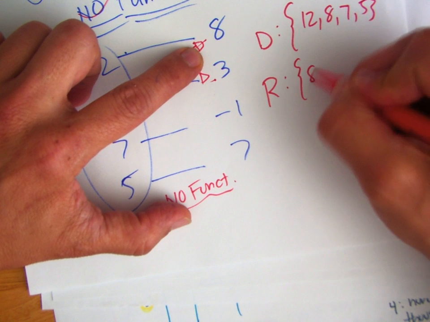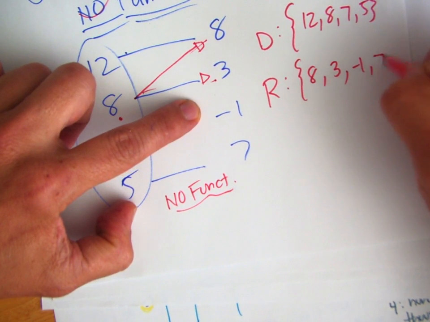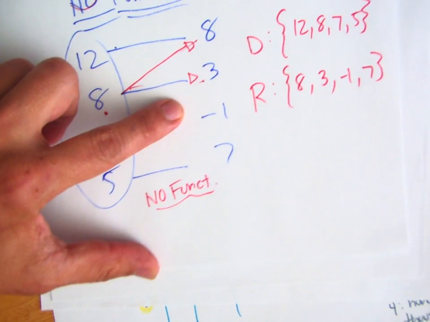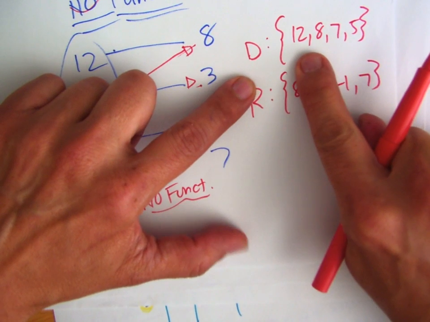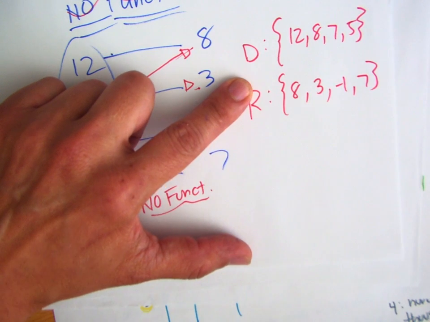8, 3, -1, 7. So remember, you only write it once.